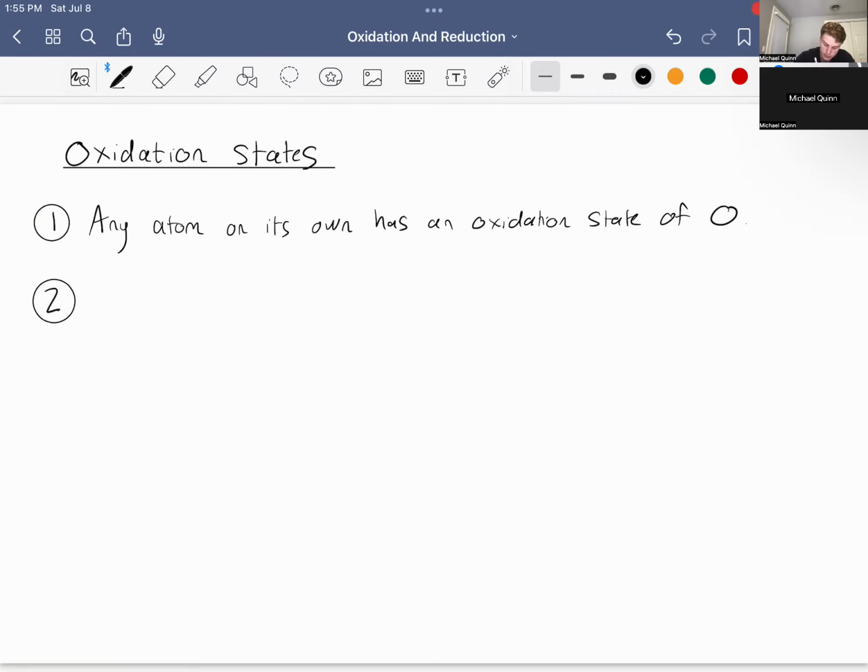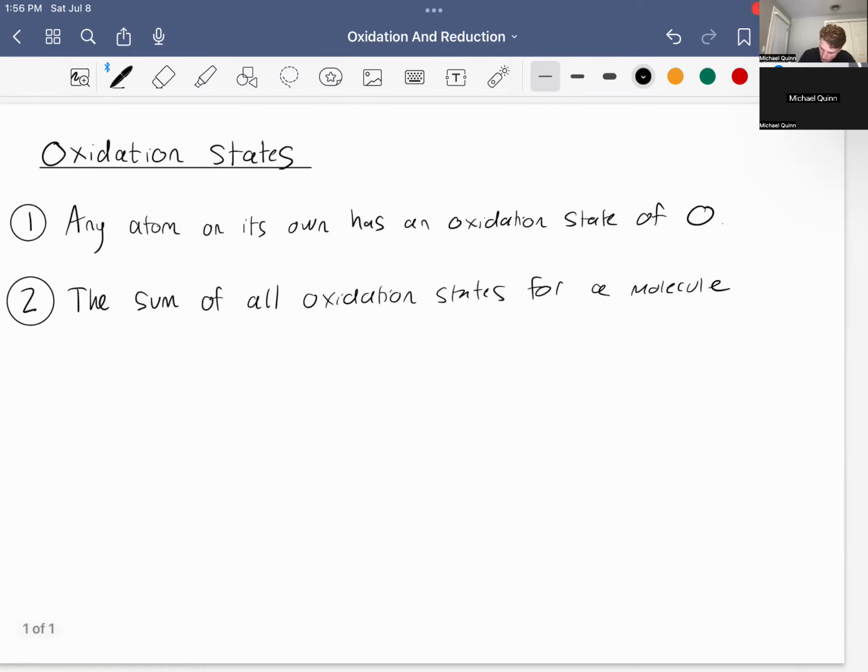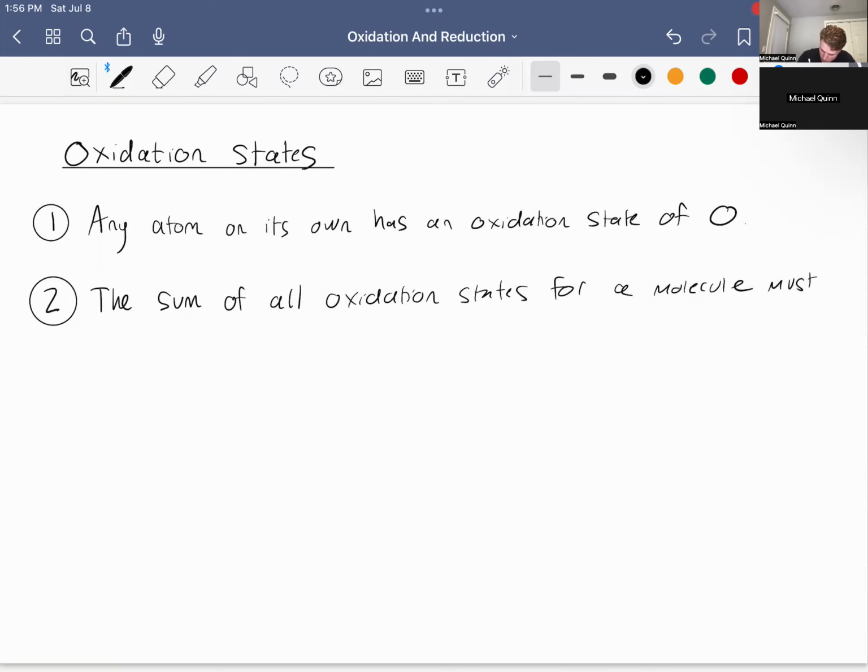Rule number 2 is that the sum of all oxidation states for a molecule must be equal to the overall charge of that molecule.